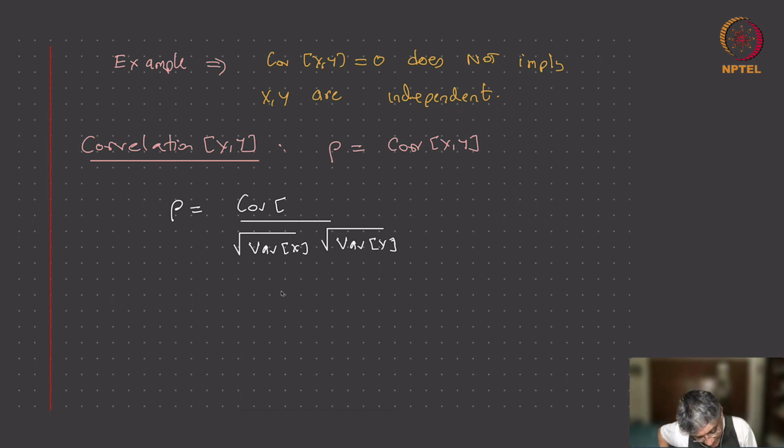Covariance of x, y has units of the square of the units of x and y, because it's the expectation of x times y. Here, I'm dividing by the units of x and the units of y. Multiplying the two out, I get no unit. So this measurement is independent of units.